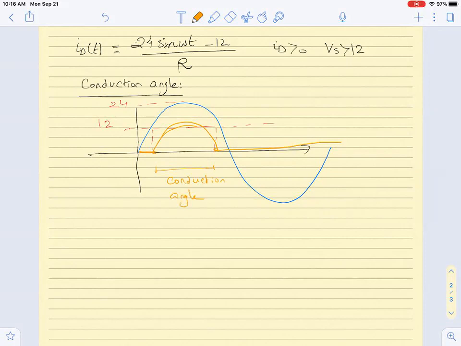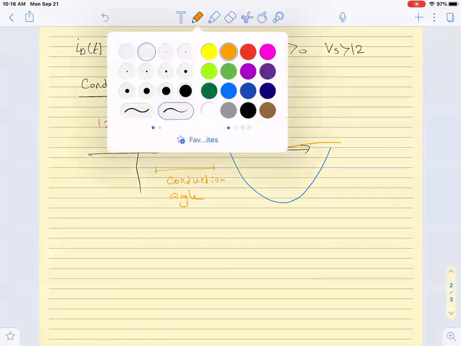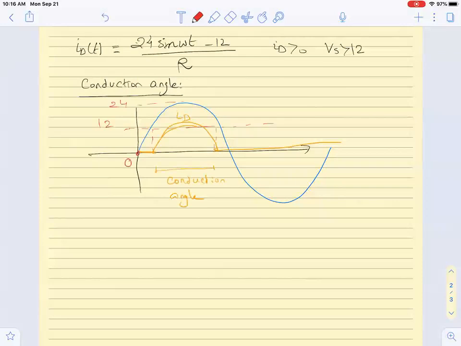Why am I saying angle? Technically the period here starts at 0, here we have T, and here T over 2. If I have sine omega t and I apply a transformation that says let theta equal omega t, this becomes sine theta. We agreed that with the transformation theta equal omega t, it becomes sine theta. If t varies between 0 and T, theta is going to vary between 0 and 2 pi.